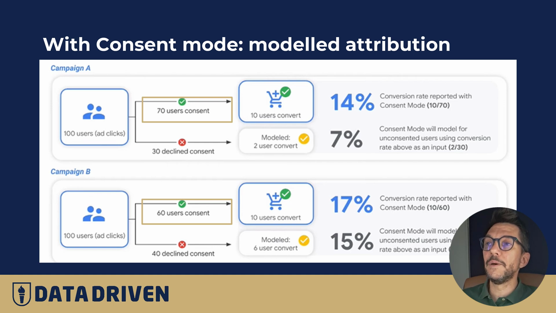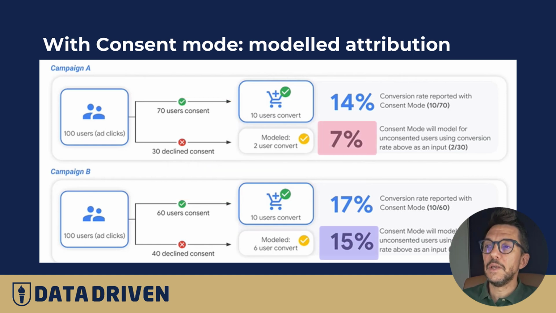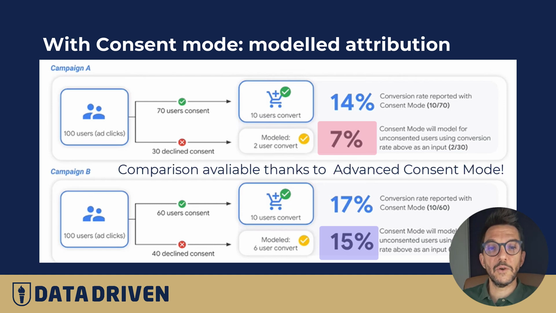But with the modeling enabled in advanced consent mode, Google understands that out of these 40 people, 6 of them converted. So your conversion rate overall is way higher in campaign B, even though user consent is not given equally in these two campaigns.